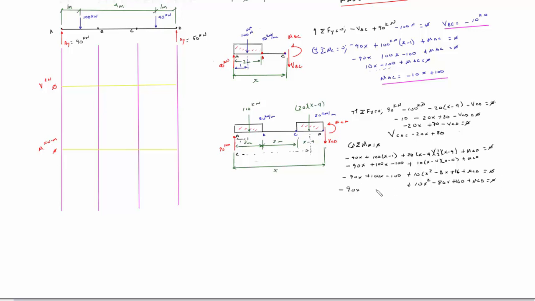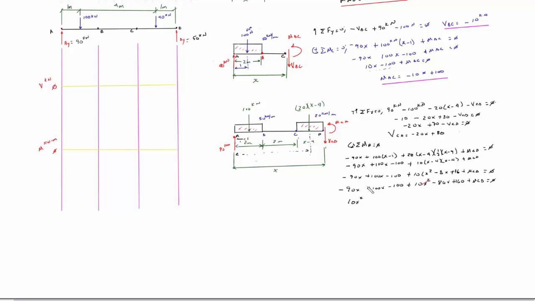Write all this out again, and I'm trying not to take too many shortcuts in this. So I've got negative 90. Let's do all of our x's. I have 10x squared. Sometimes if I have so much stuff in there, I'll cross it out. So I've got 10x squared, and then let's do all my x's.